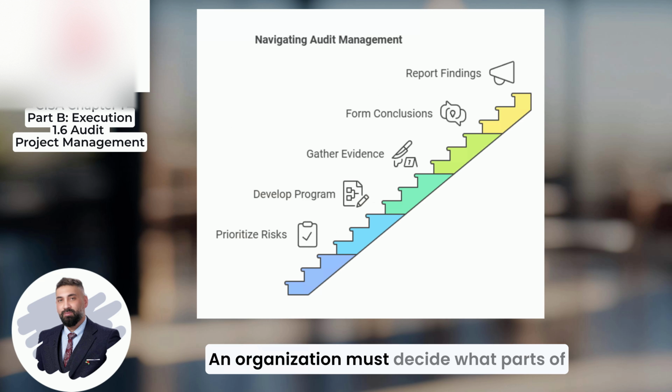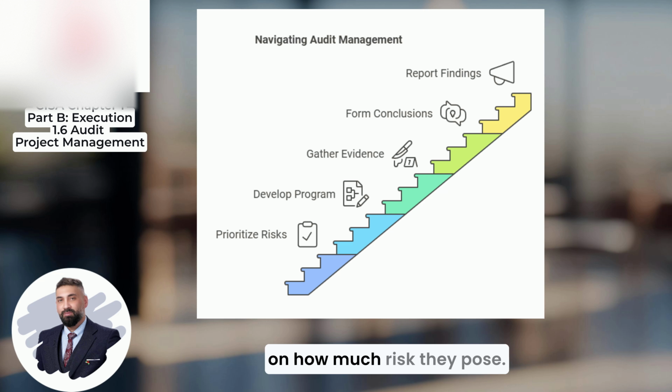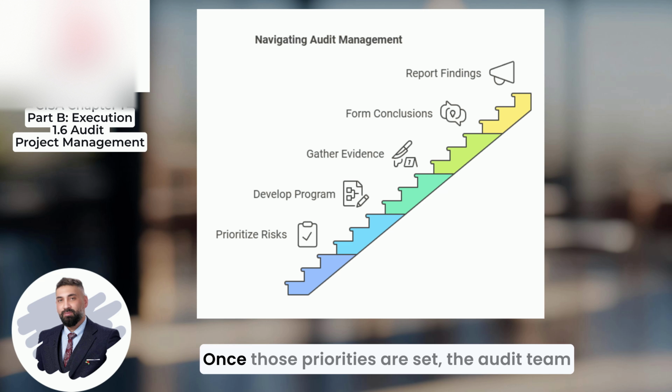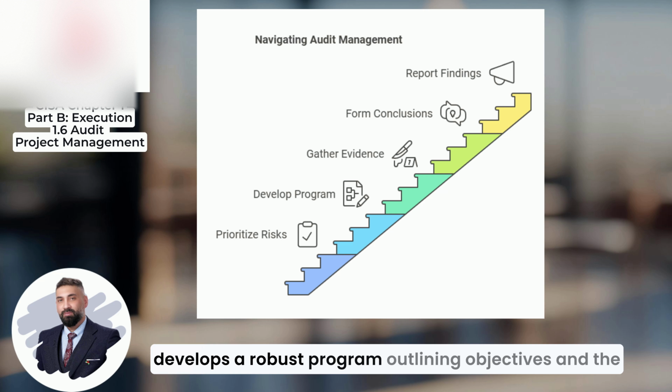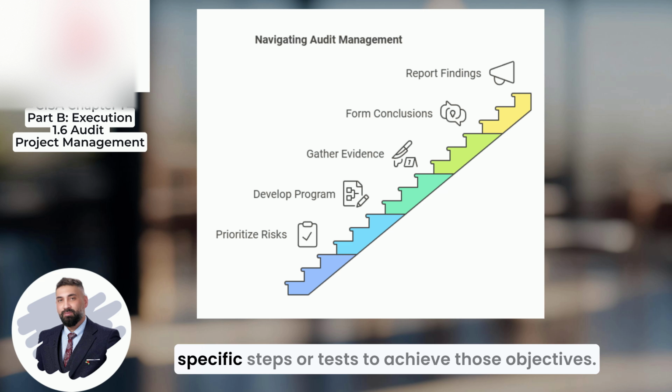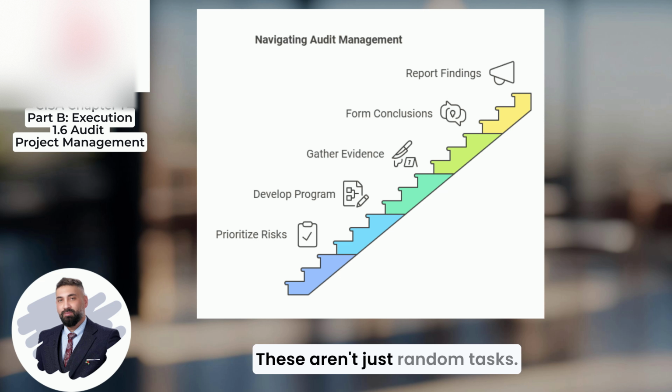An organization must decide what parts of their system or processes to prioritize based on how much risk they pose. Once those priorities are set, the audit team develops a robust program outlining objectives and the specific steps or tests to achieve those objectives. These aren't just random tasks. Every procedure is tied directly to what the audit hopes to achieve.